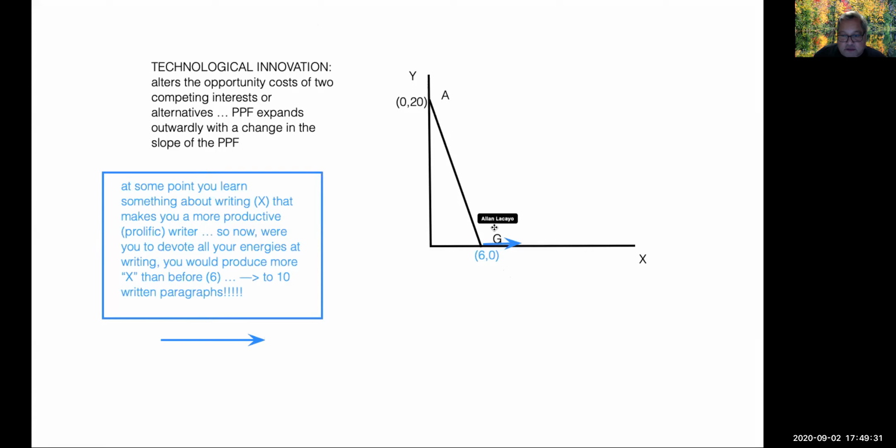So we're going to call that not point G. We're going to call that point G prime, the new point G. And what's going to happen is that the production possibilities frontier is still stuck at 0, 20 up on the vertical axis, because you're not becoming better at math if you're just doing math, but you're becoming better at English. And so what that creates is an expansion that augments your possibilities.